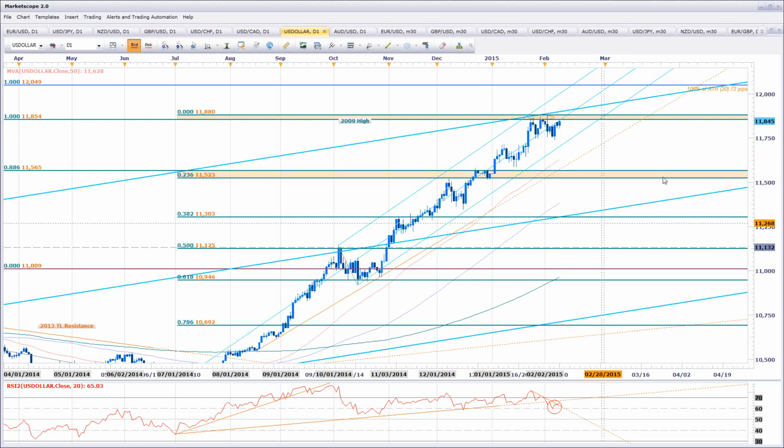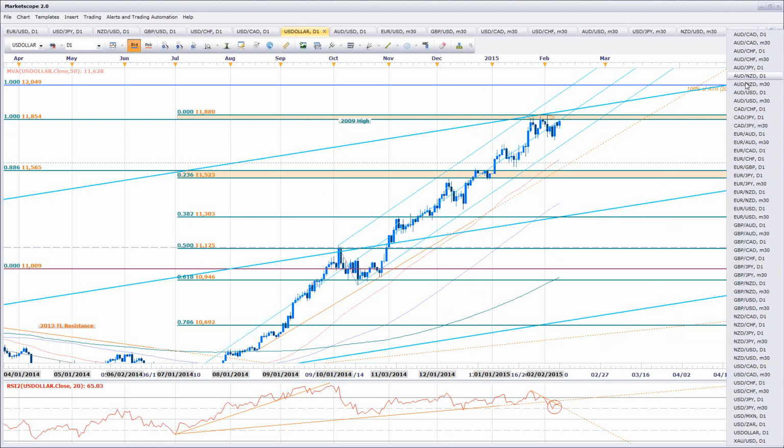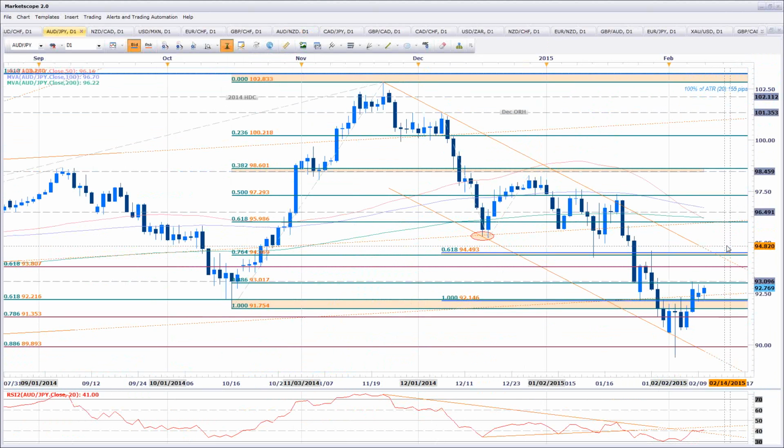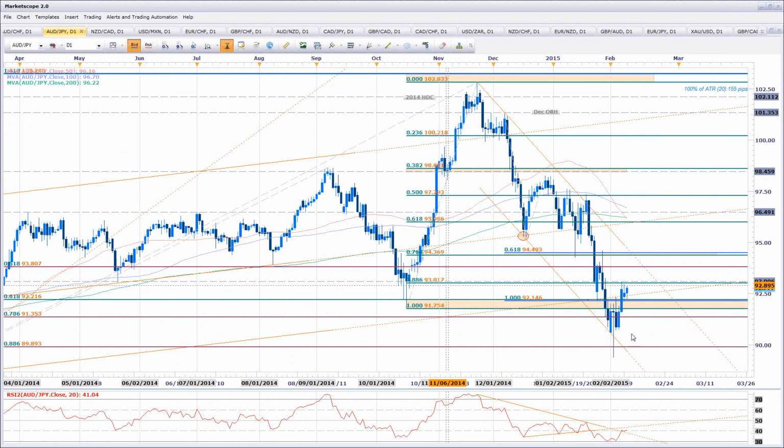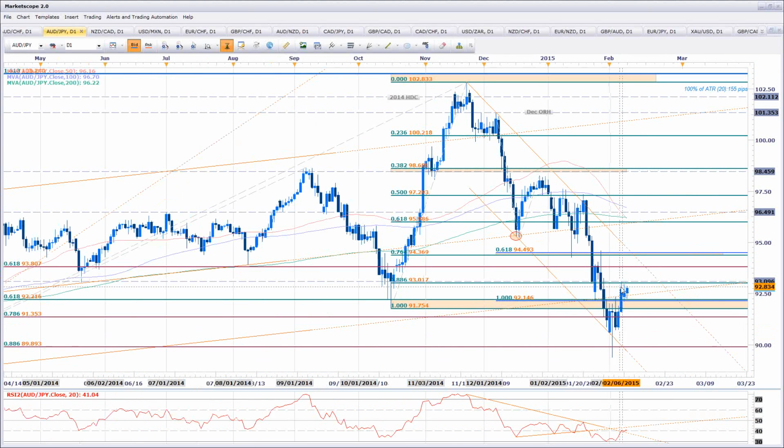Interesting topic also, guys, is the Aussie yen. I was just taking a look at that earlier today. I just wanted to highlight 93. Real nice pivot, last week's high, so it is the monthly opening range high, and the weekly opening range high is just below that.